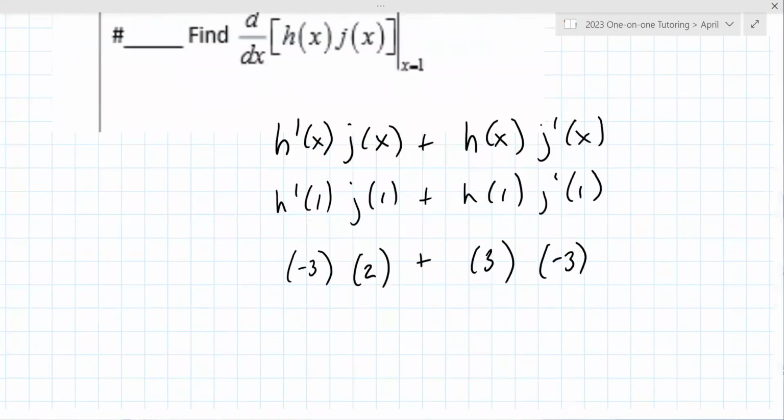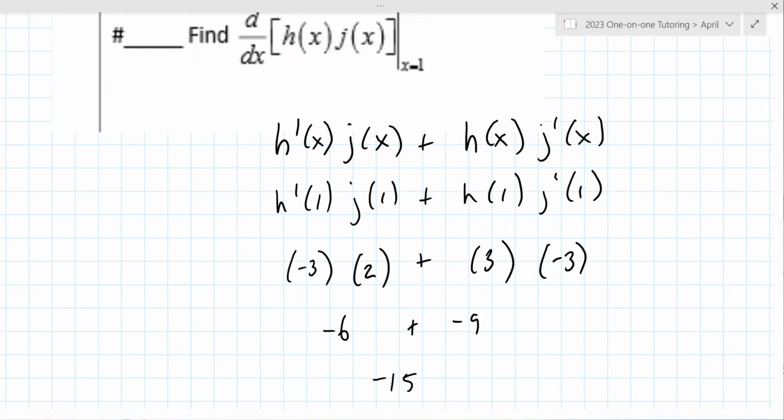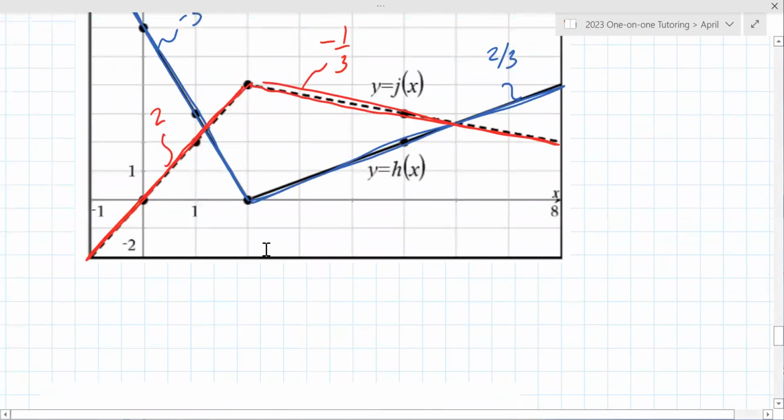All right, so please double check it. Your check is to see if it actually is in that list there. It's not. So I made a mistake here. So h prime of x, j of x, h of x, j prime of x, and this is 1 for sure. All right, h prime of 1. So we're looking at the slope here.